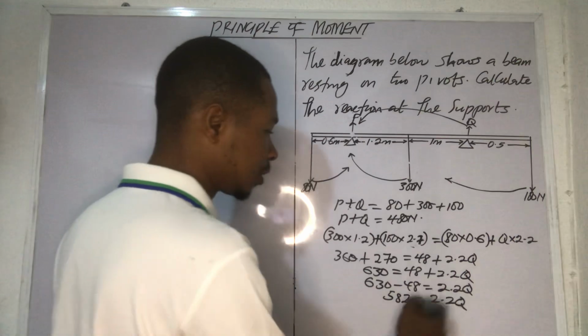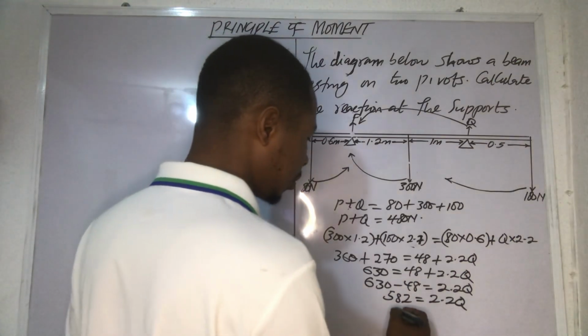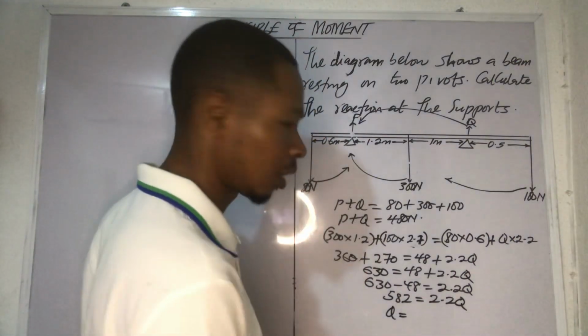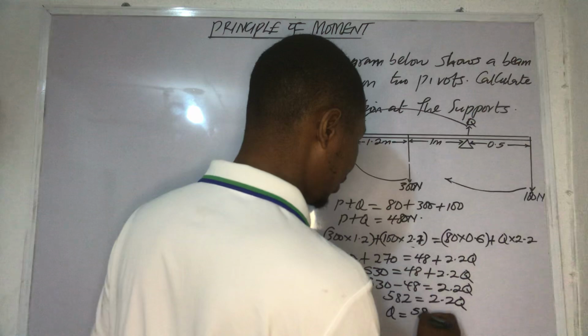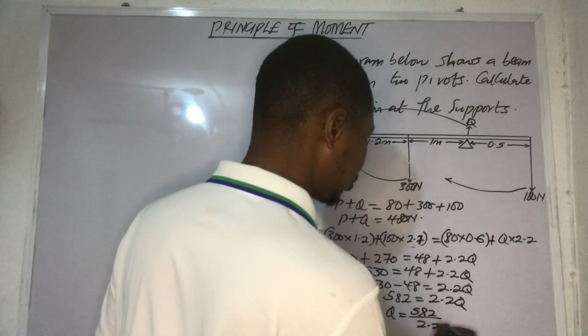Then divide both sides by 2.2 now. My Q will now be equal to 582 divided by 2.2.